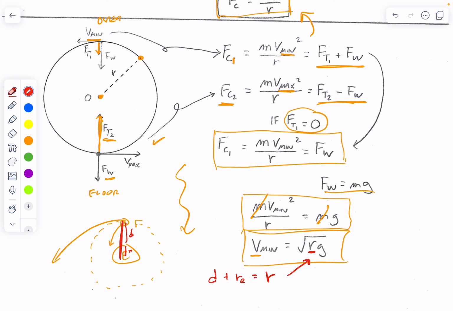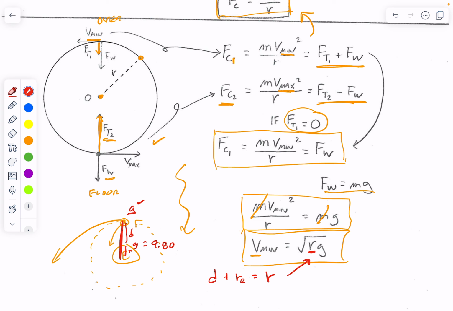And another thing, the gravity out here is going to be different than the gravity at the surface of the Earth. The gravity at the surface of the Earth is approximately 9.80, 9.801, depending upon where you are. But out here, the acceleration due to gravity is going to be significantly less.